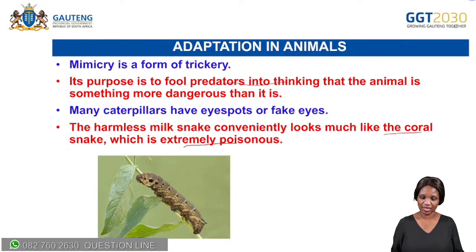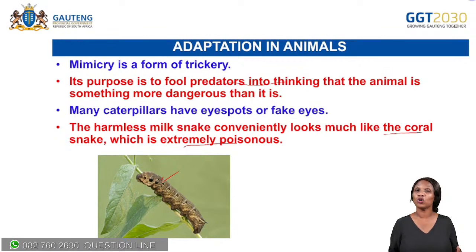And then let's look at the caterpillars. Do you see this caterpillar? It has got different spots, all right? So that it won't be noticeable. You won't notice its eyes. Okay. And then we've got the venomous snake and the non-venomous snake.